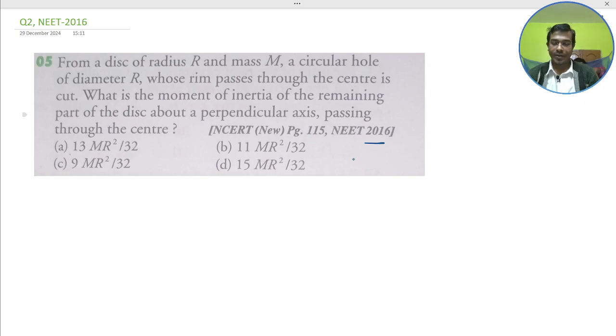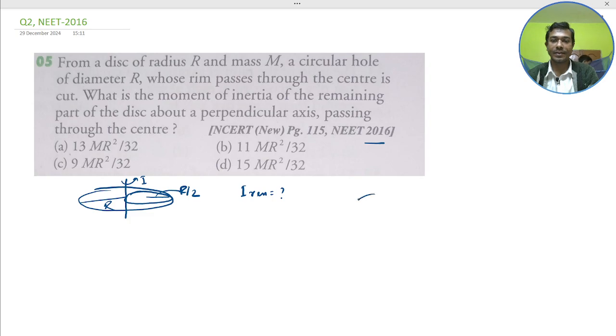So you are given a disc and a small section is cut. This is the disc of radius r, cut in this portion of radius r by 2. So you have to find the I of the remainder part. Remainder part means this type.